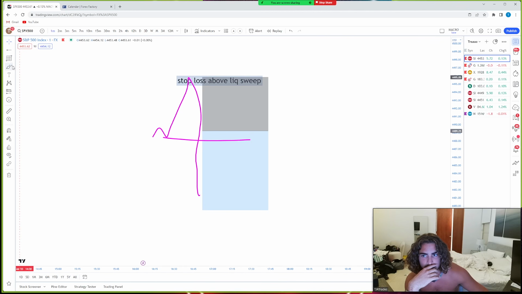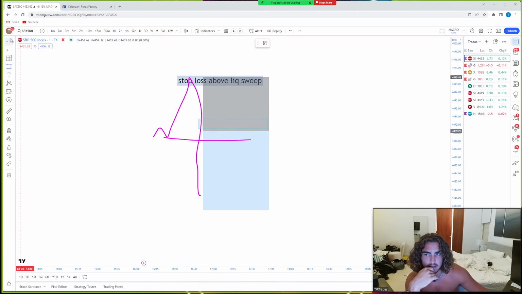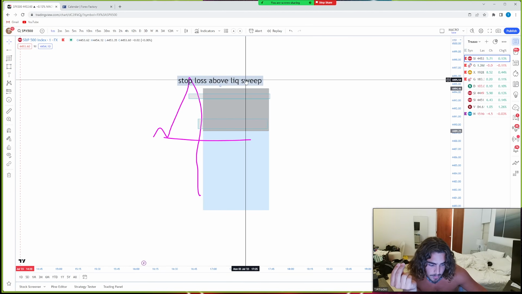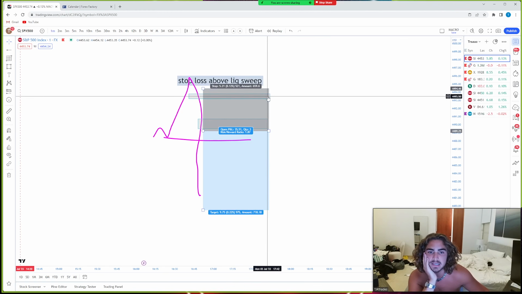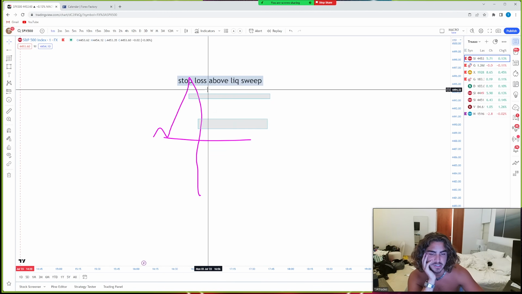Let's say there's a fair value gap here, or an order block right here. I would put my stop above the order block, and I wouldn't put it above the liquidity sweep. Does that make sense? Because our ideal trade is a good risk to reward.